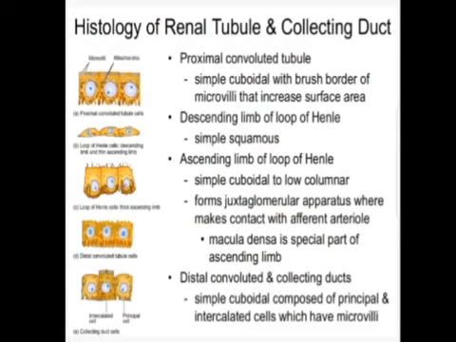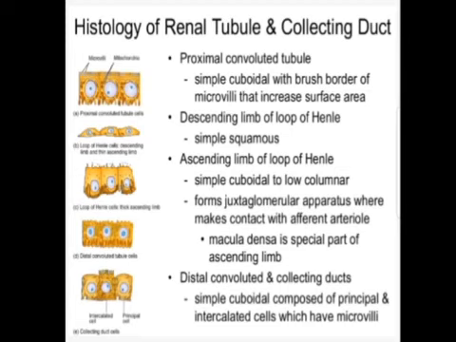In this picture you can see the histology of the renal tubule and collecting duct. The proximal convoluted tubule has simple cuboidal epithelium with a brush border of microvilli that increases the surface area. The descending limb of the loop of Henle has simple squamous epithelium. The ascending limb of the loop of Henle has simple cuboidal to low columnar epithelium.